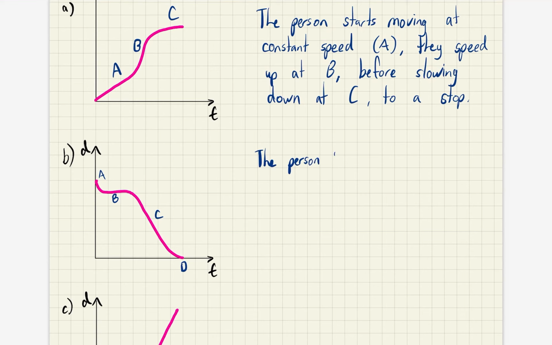The person is leaving. They're going from somewhere back somewhere else, at a high speed. And we know that because of how sharp this gradient is.